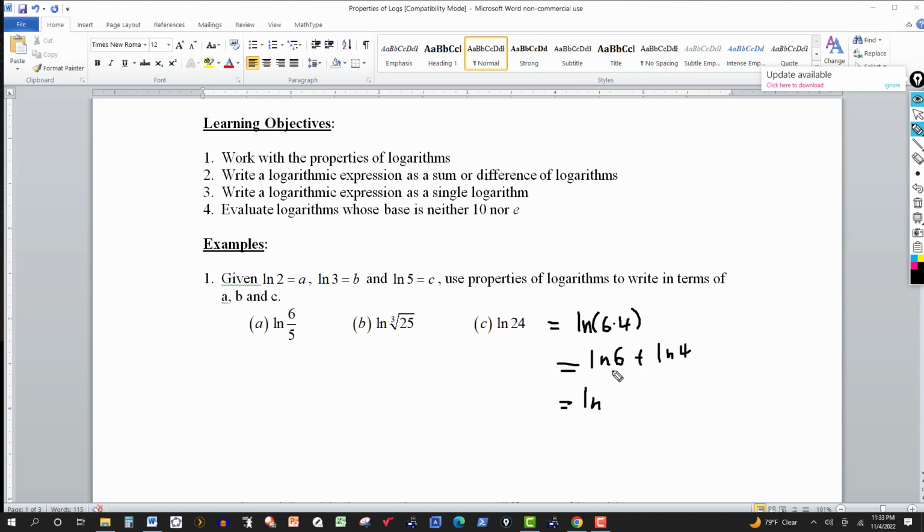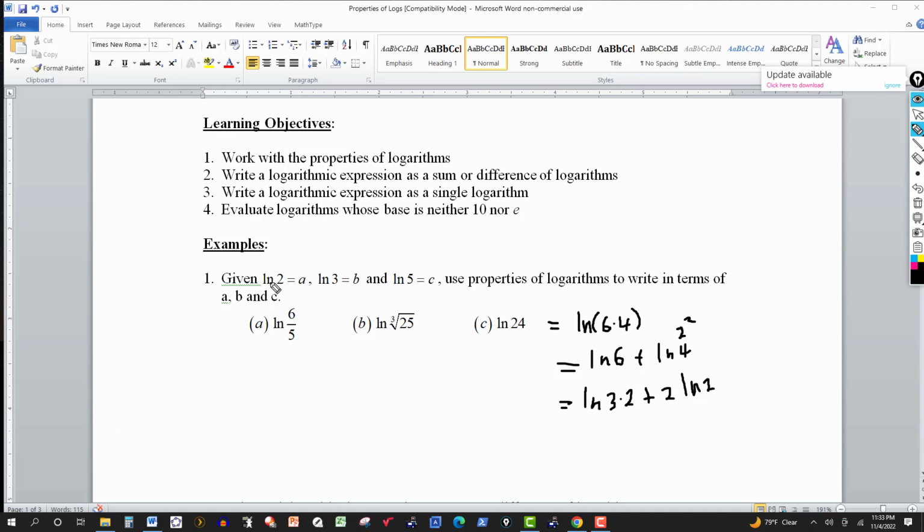And so similarly to what I did in the first one here, the 6 can be written as the log of 2 times 3 or 3 times 2, either way. I don't have a 4 over here, so let's break this down. So this will be plus, and this 4 is the same thing as 2 squared. So 2 becomes an exponent, so this will be a 2 here. And it's 2 times the natural log of 2. And now we have to break this up.